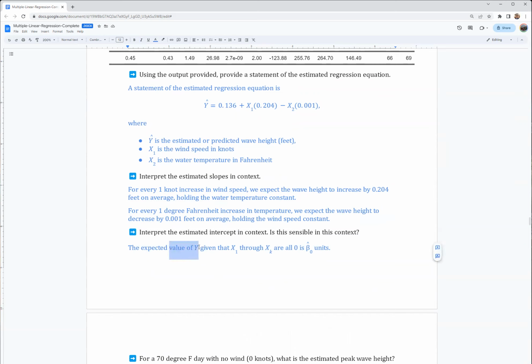The expected wave height given, and instead of all the predictors being 0, we'd say given that there is no wind, wind speed equals 0 knots, and the water temperature is 0 degrees Fahrenheit.